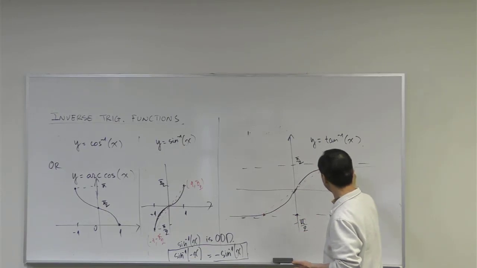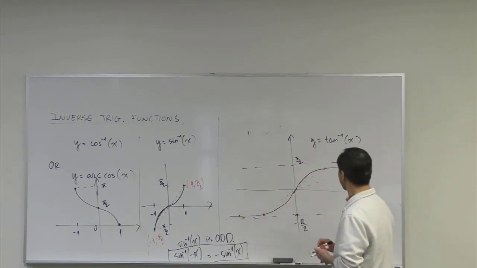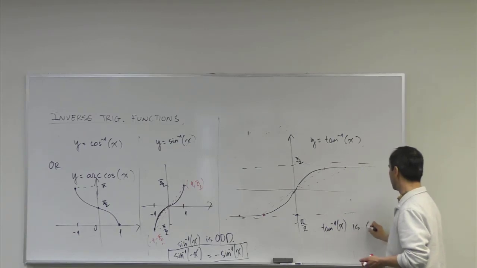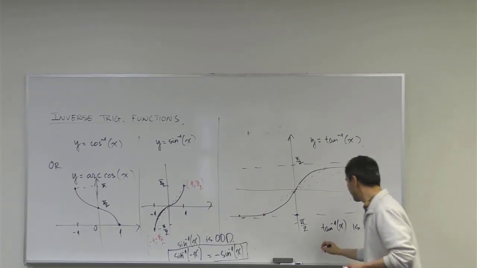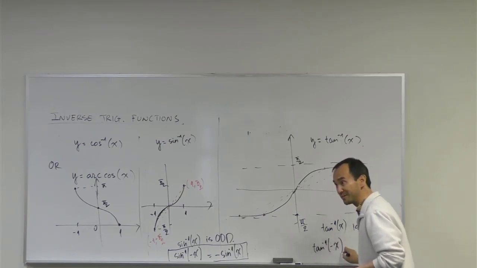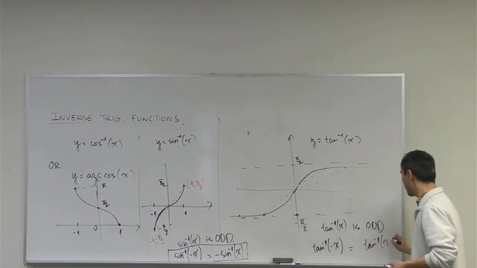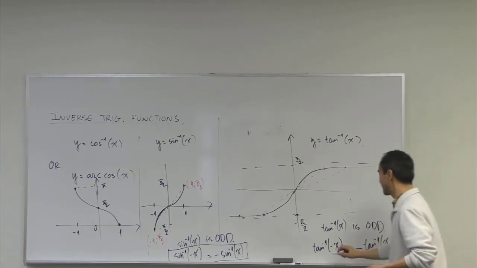So as a bottom line, tangent inverse is an odd function. Fundamentally, that means that taking the negative input is the same as taking the positive input of tangent inverse, but the answer comes out negative.